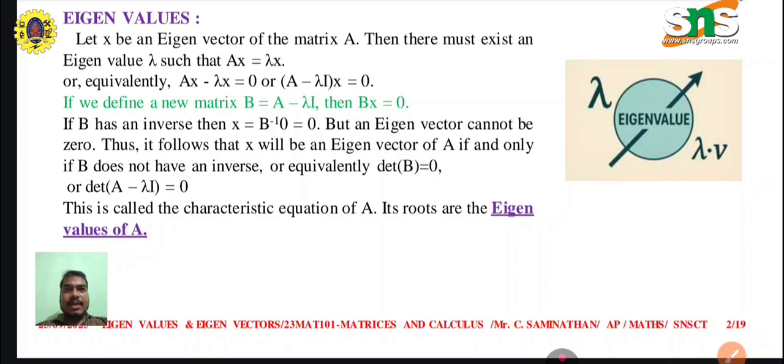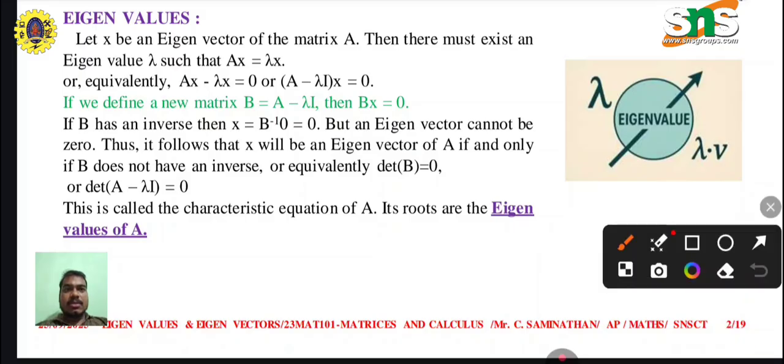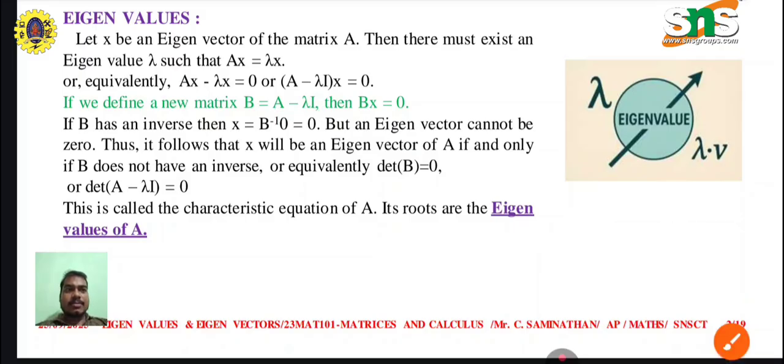If we define a new matrix B, which is A minus lambda I, and if B has an inverse, then x equal to B inverse times 0, which is equal to the 0 matrix. But an eigenvector cannot be 0. So it follows that x will be an eigenvector of A if and only if B does not have an inverse.